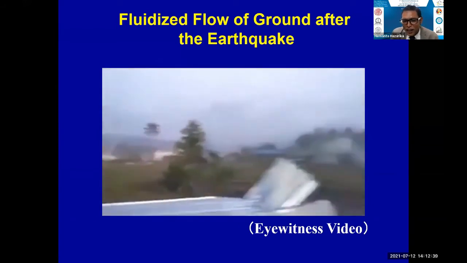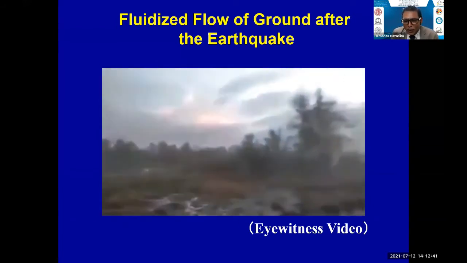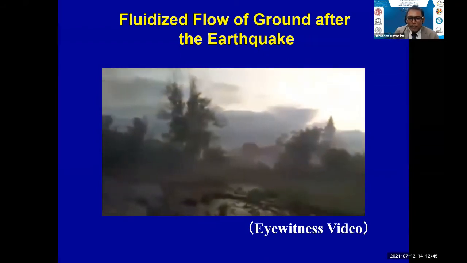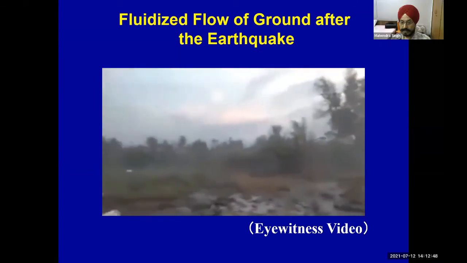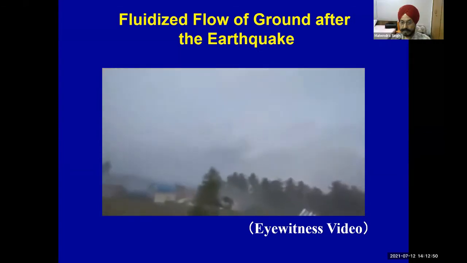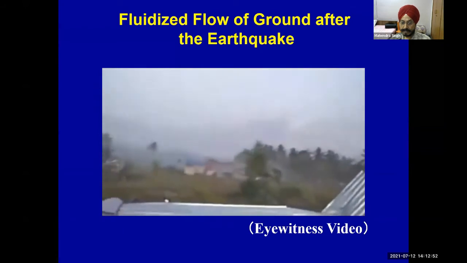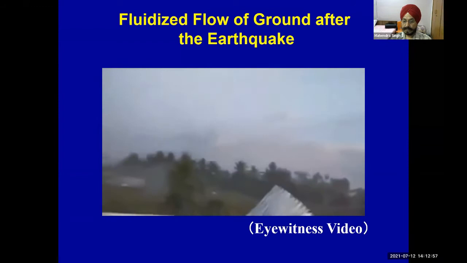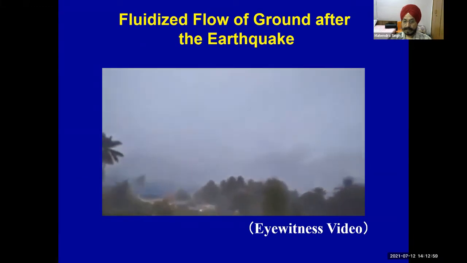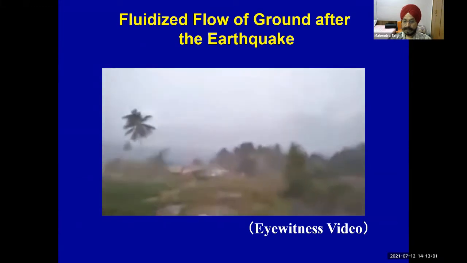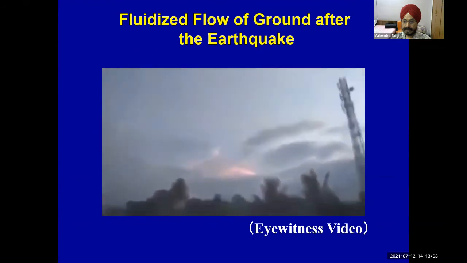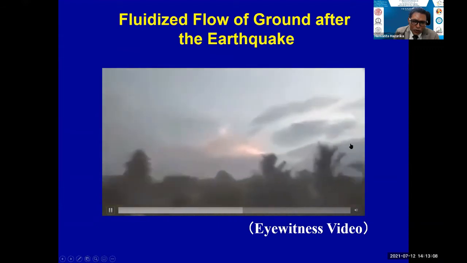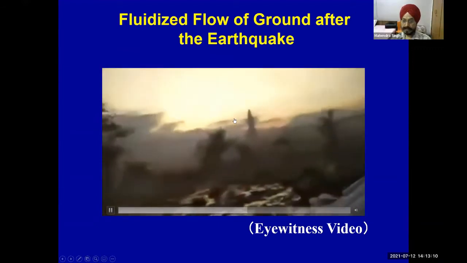You can see the red house actually. It looks like flowing, but actually it's not, because of the relative velocity, okay? Now you can see these electric poles here, which are moving, okay? This one.